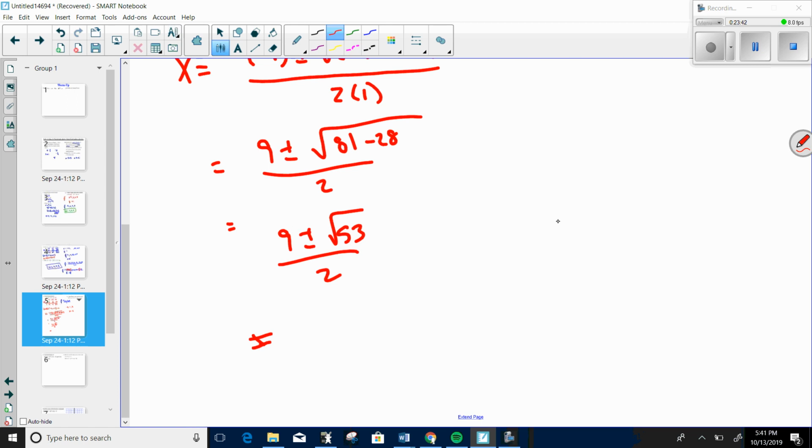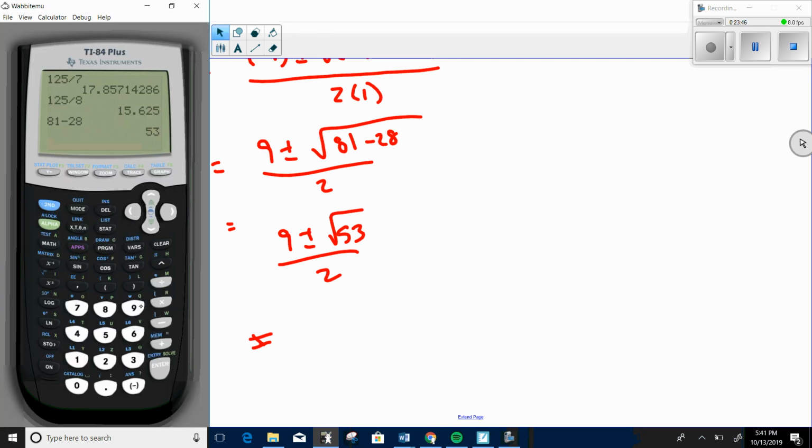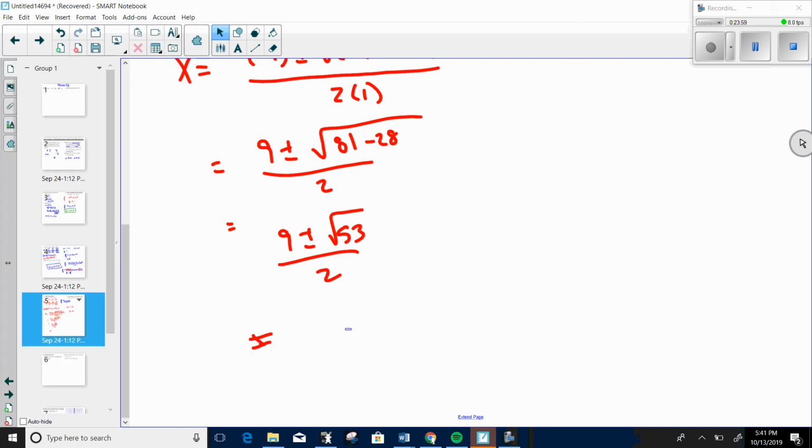Now, if I want to approximate that, which I can, I'm going to use the calculator, you just do 9 plus the square root of 53. Now, I'm going to hit enter here. I'm going to get that decimal. I'm going to divide that by 2, and notice what that comes up with, 8.14.